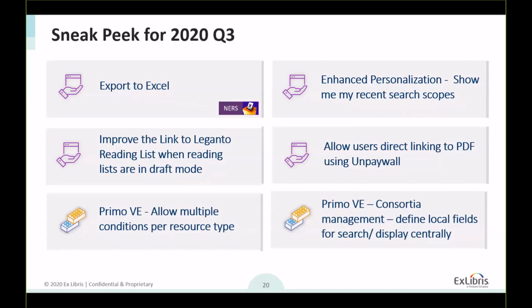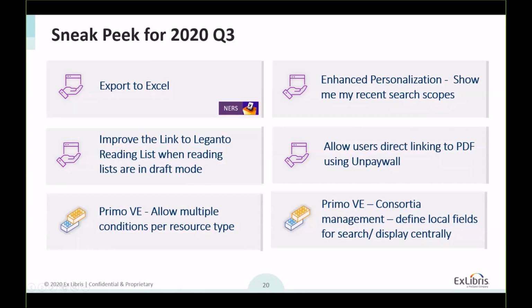For instance, if I'm a medicine student and I tend to search the health library more often, it will be easy to access because it's going to appear at the top as my recent search scope. So this is an enhanced personalization feature.